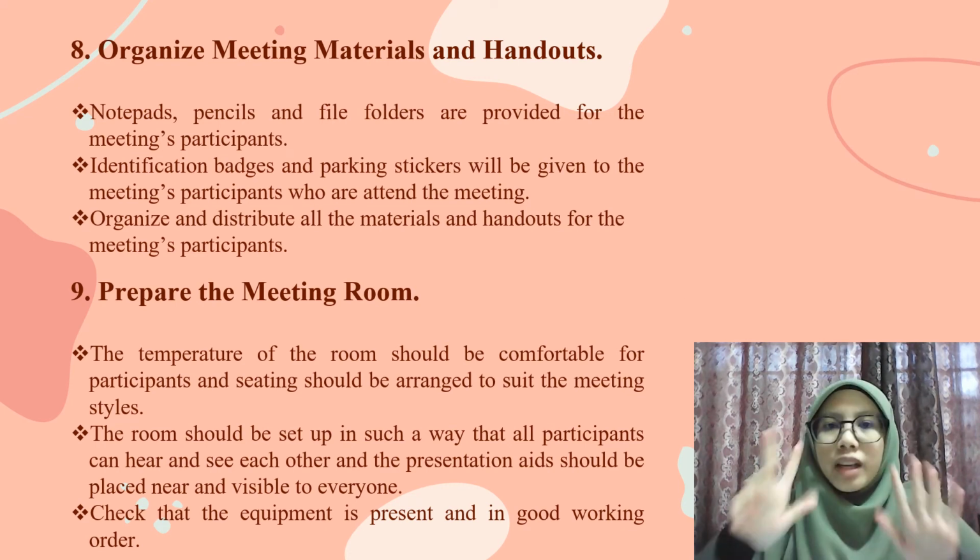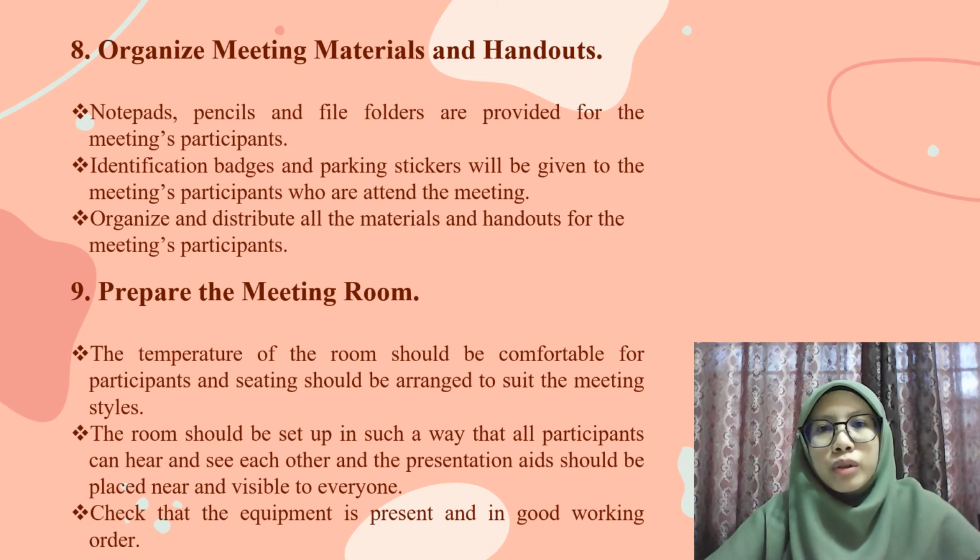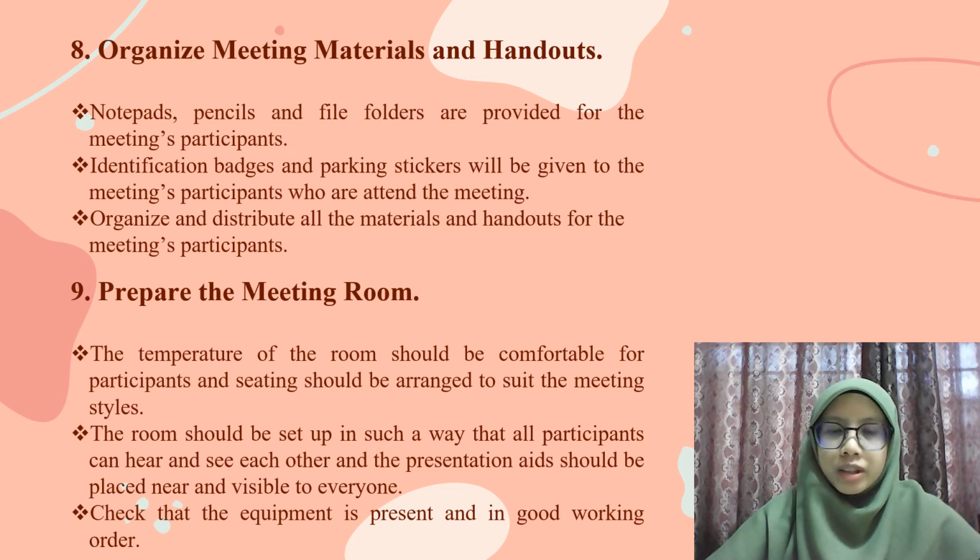Step number 8. Organize meeting materials and handouts. Notepad, pencil, and file folder are provided for the meeting's participants. Identifications, badges, and parking stickers will be given to the meeting's participants who attend the meeting. Organize and distribute all the materials and handouts for the meeting participants.